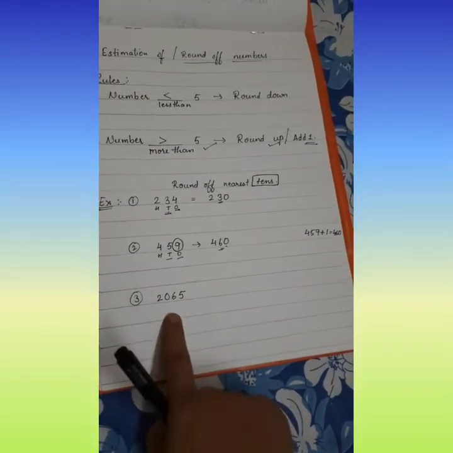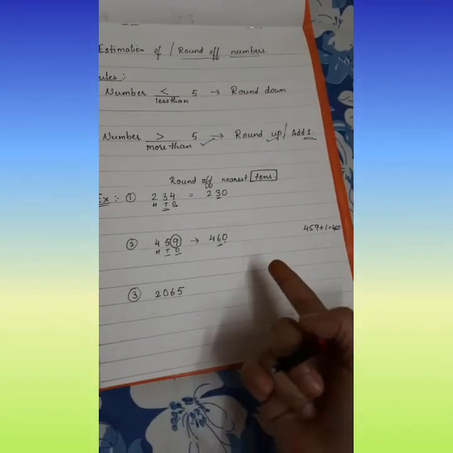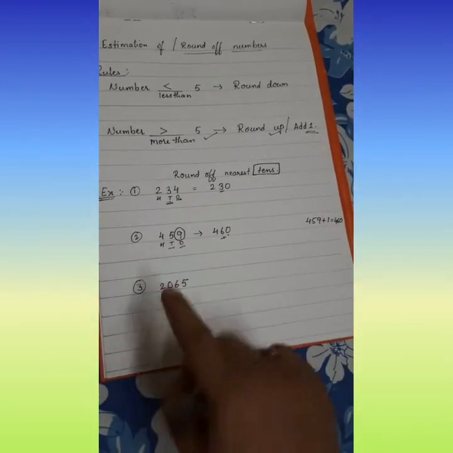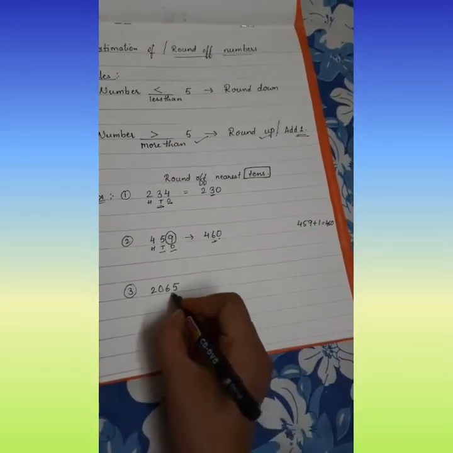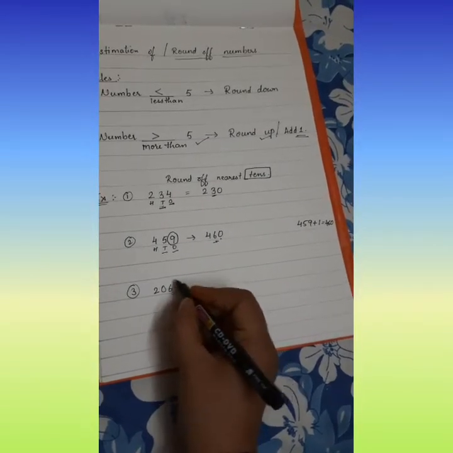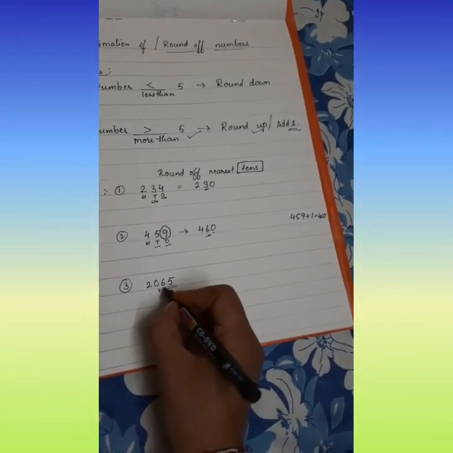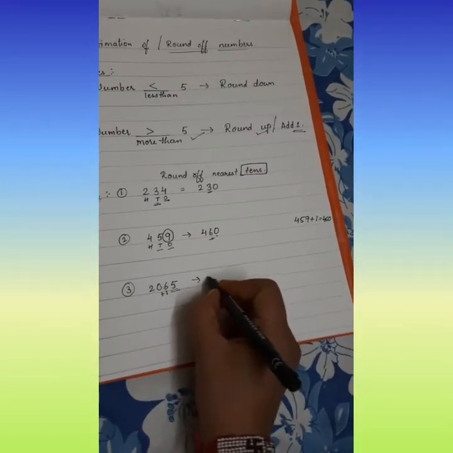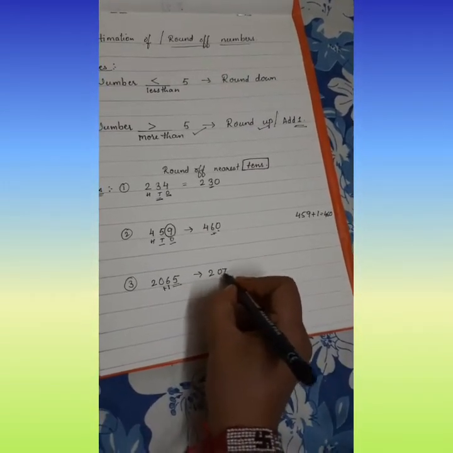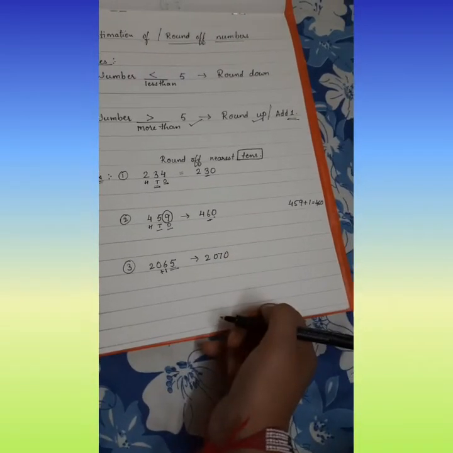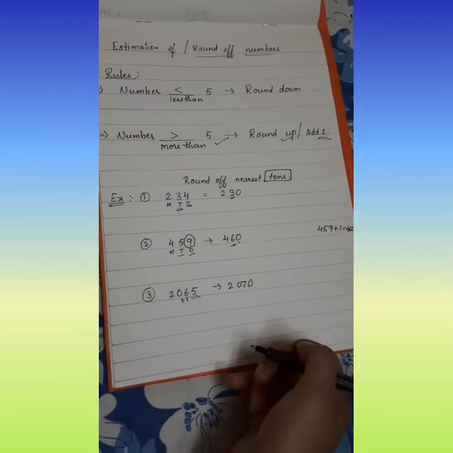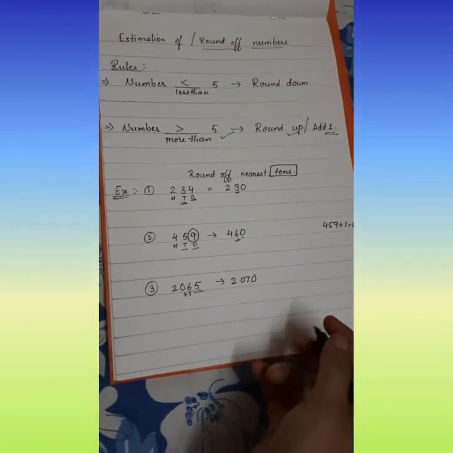That means the number will be rounded up and 1 will be added, so 1 will be added to the tens position and this will become 2070. Understood? Now let's move to the sums that will make you more clear.